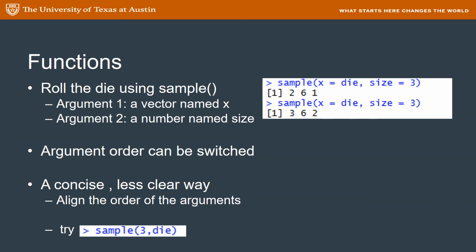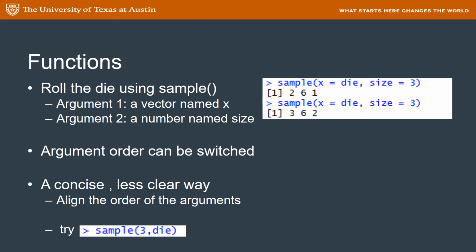This is the traditional built-in function, so now we're going to try some fancier ones. Let's try to simulate rolling the die. We'll have to use the sample function. The sample function has two arguments. The first argument is x and takes a vector, and the second argument is size and takes a number.